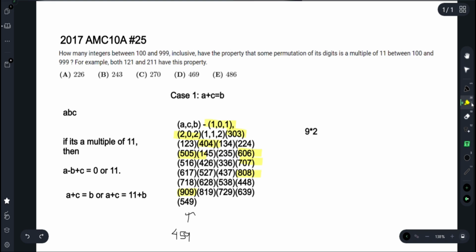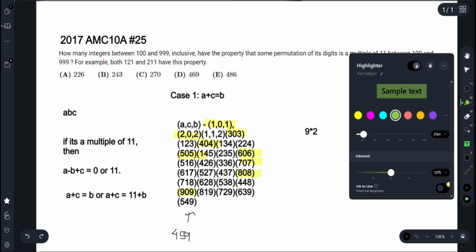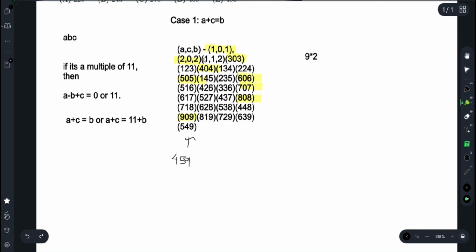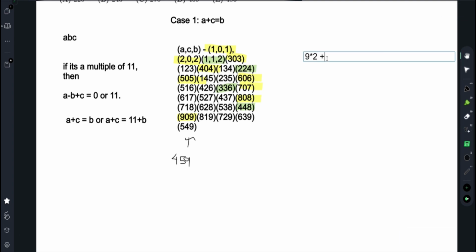Now, for the numbers that have 3 possibilities are 112, 224, 336, 448, and that's it. So that's 4 times 3. There's 4 numbers that have 3 arrangements. 112, there's 3 arrangements: 211, 121, 112.